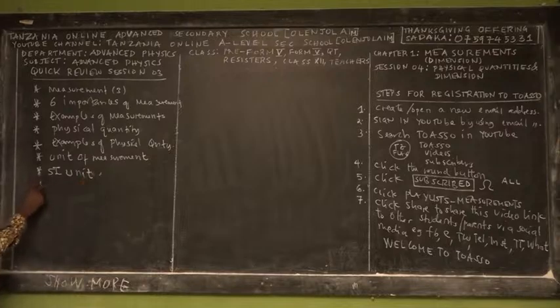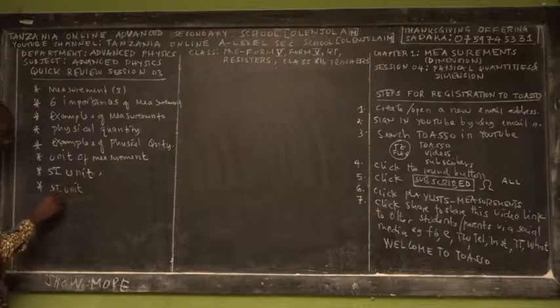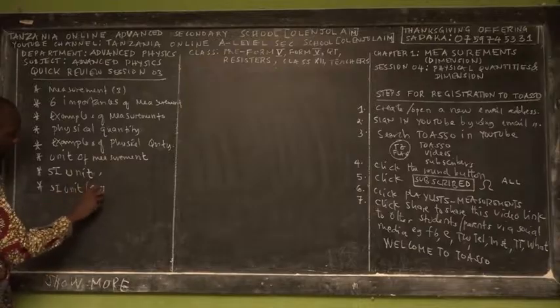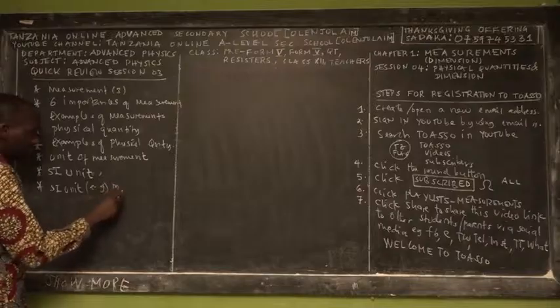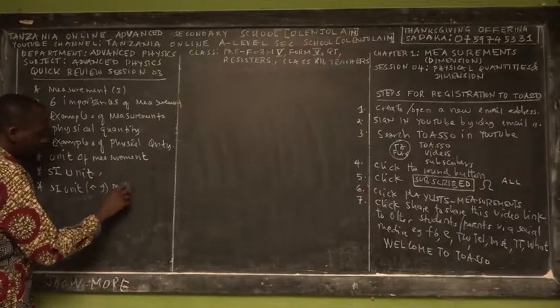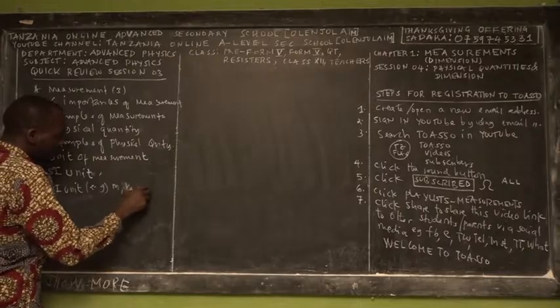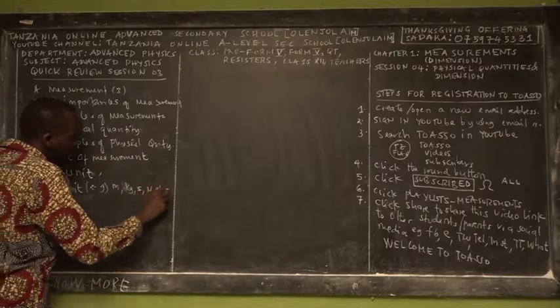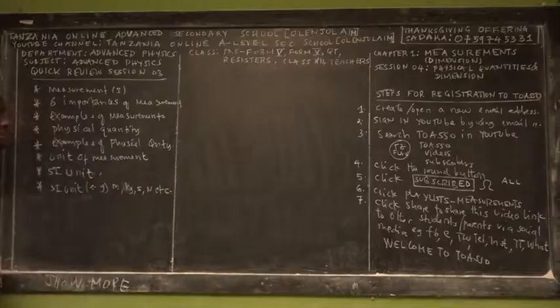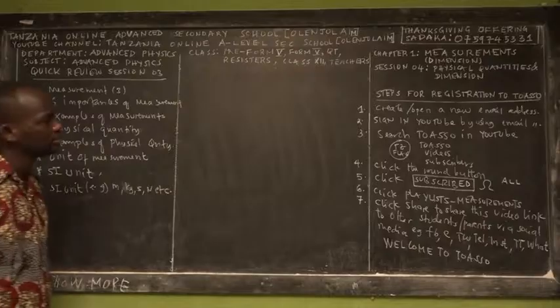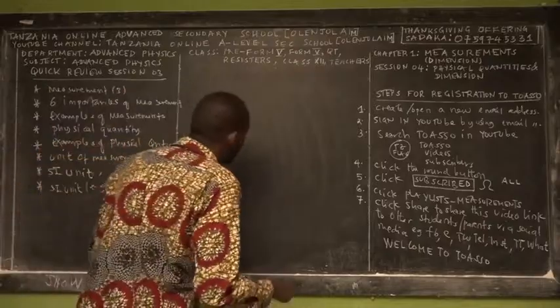Examples of SI units include meter, kilogram, second, and newton. Then we left you homework about mentioning two types of physical quantities.